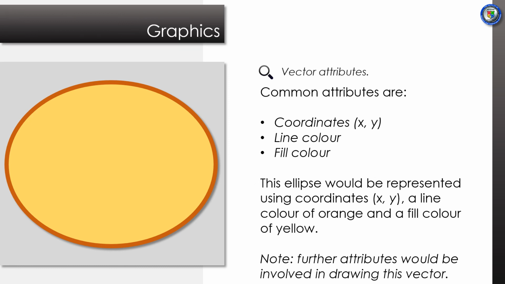This would be represented using coordinate points x and y, a line colour of orange, and a fill colour of yellow. There are many other attributes that would be associated in drawing this vector. These are just some examples. All of the shapes we previously mentioned, the rectangle, line, and polygon, would have similar attributes, with the exception of the line, which won't have any fill attributes.